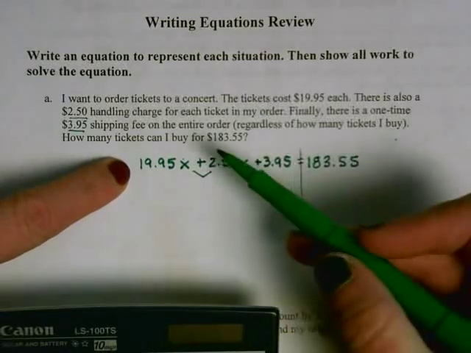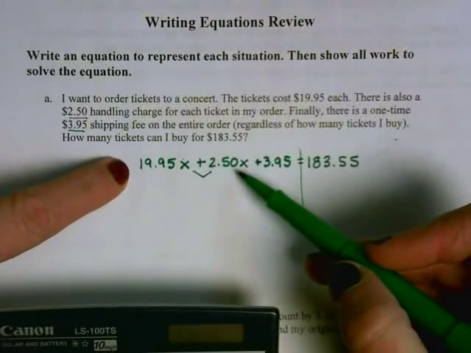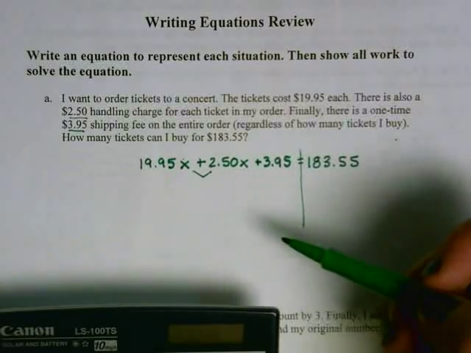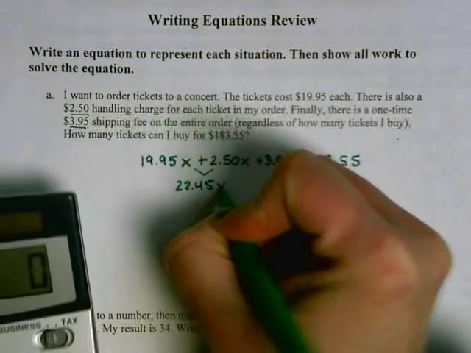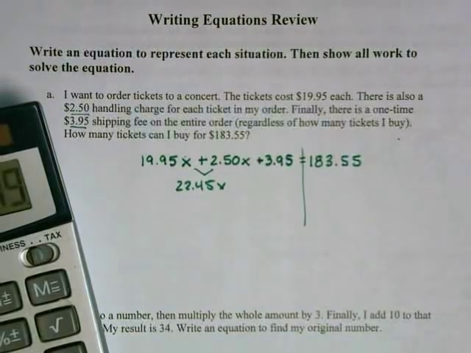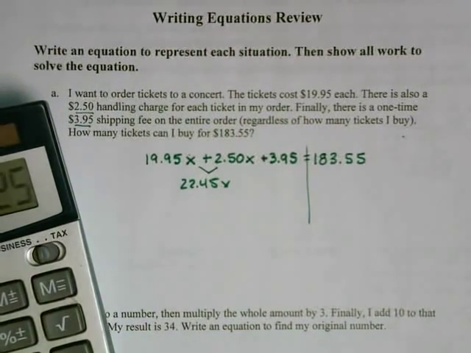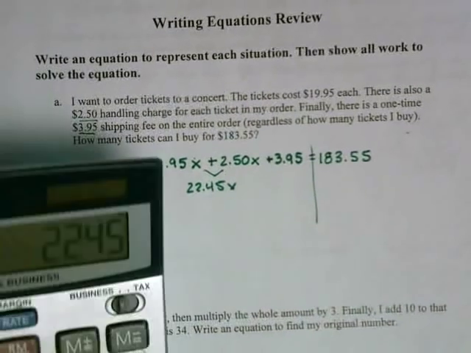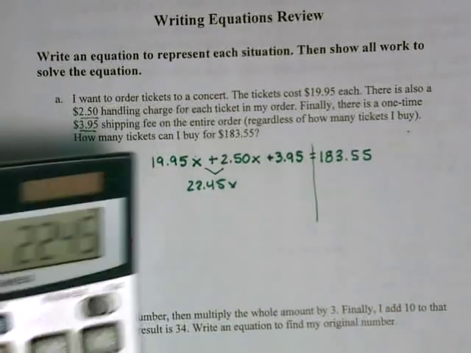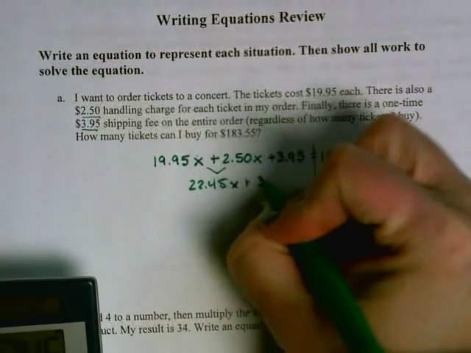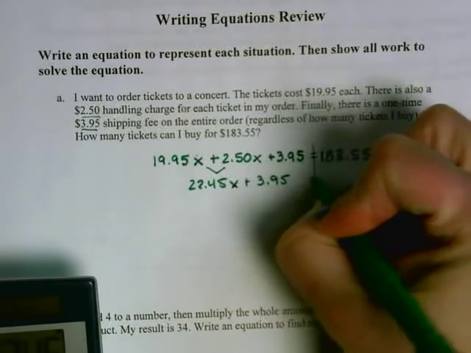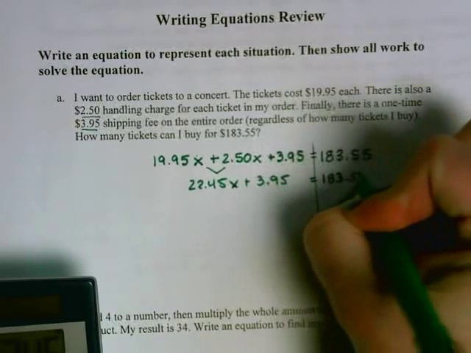It would be like $20 plus $2.50, so $22.50, except minus 5 more cents. So it should be $22.45. We can just double check it in a calculator because we can use a calculator, so don't let that stop you. There we go, $22.45. So $22.45 really per ticket plus our shipping fee equals how much we are going to spend.